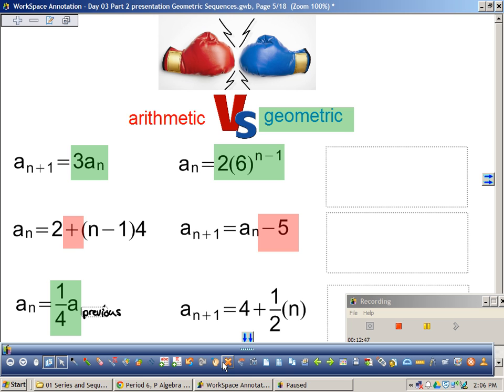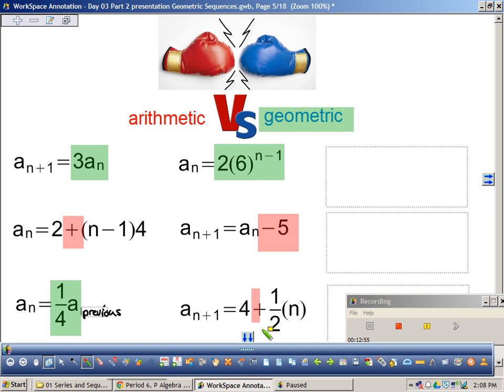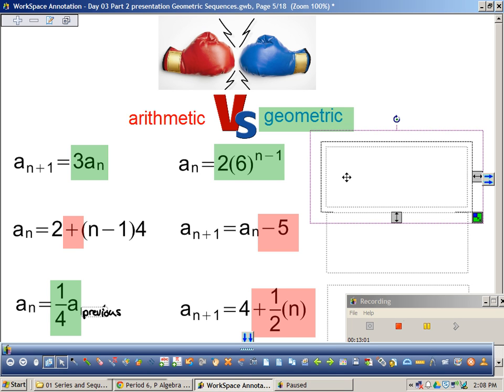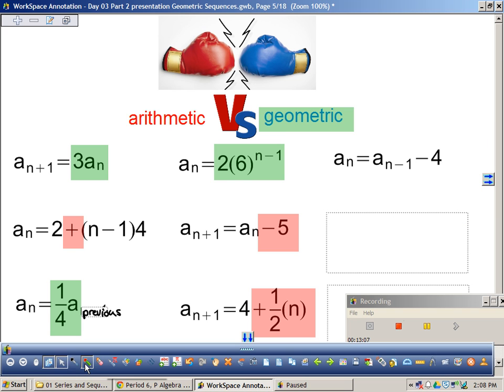And that one? Almost 100% on that one. Again, you've got addition here. So that one's arithmetic. Good. I think we're at 100%.